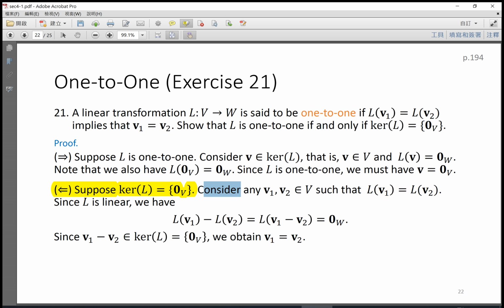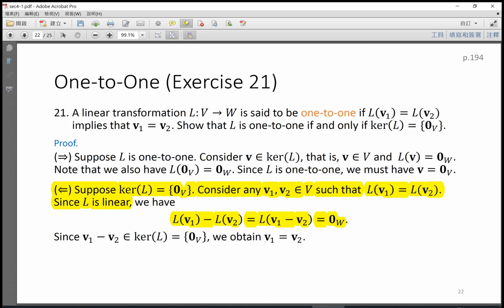Consider any v1 and v2 in V such that L of v1 equals L of v2. Then we know L of v1 minus L of v2 equals the zero vector in W. Because L is linear, due to the additivity property, we know L of v1 minus L of v2 equals L of v1 minus v2.